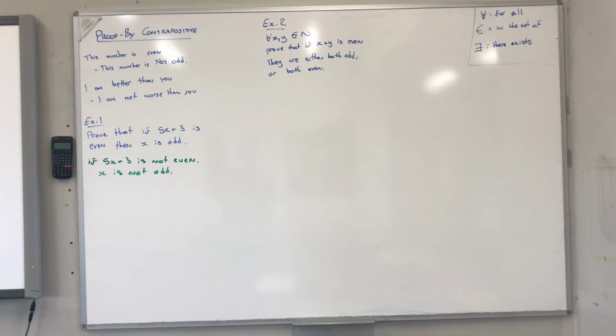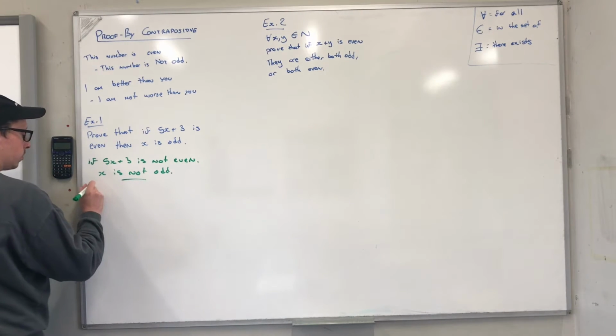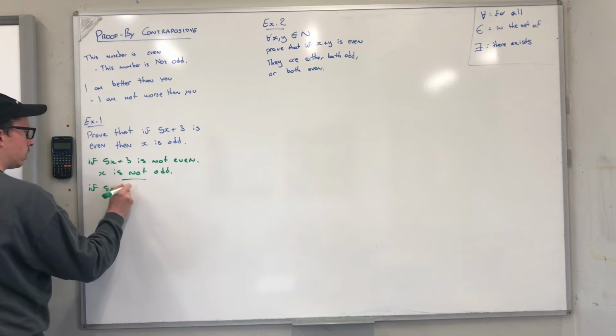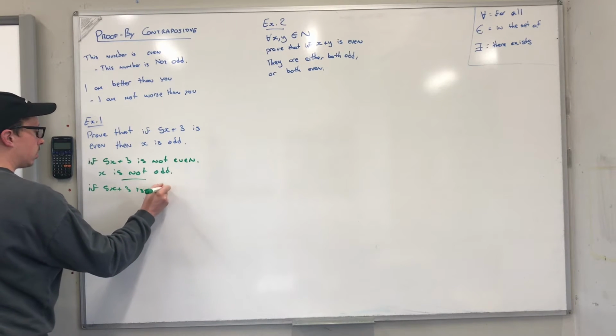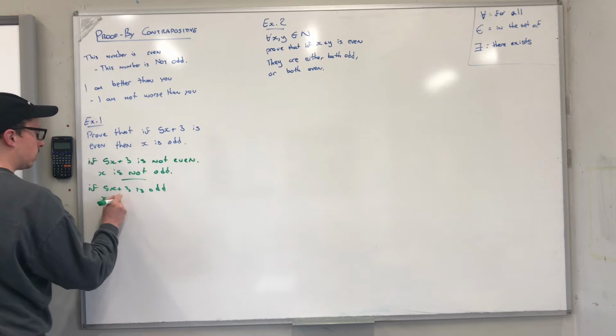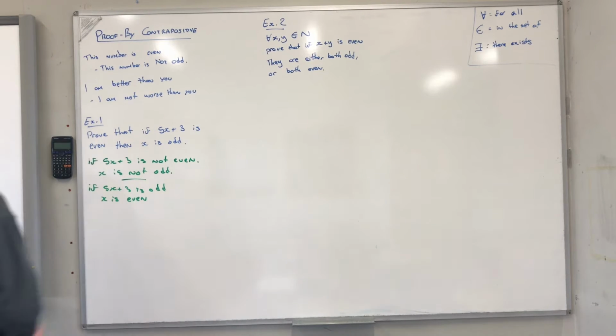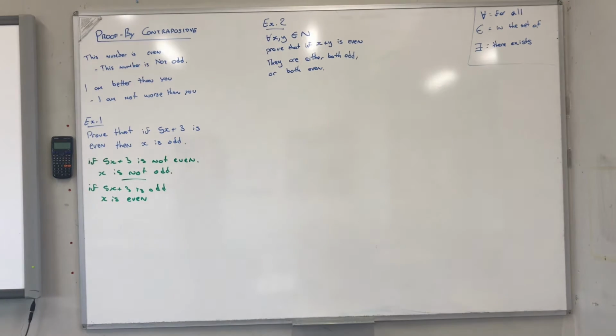It's not a very elegant way of describing it, so another way we could phrase it. So I've rephrased it as, if 5x plus 3 is odd, x is even. So now we understand our number theory, we can hopefully find and prove this.